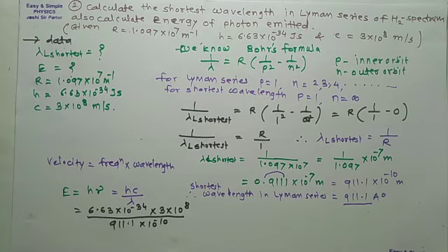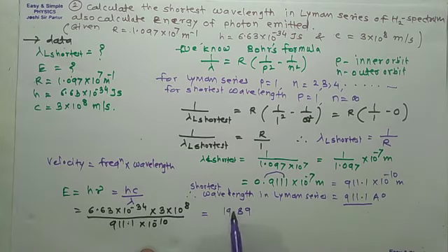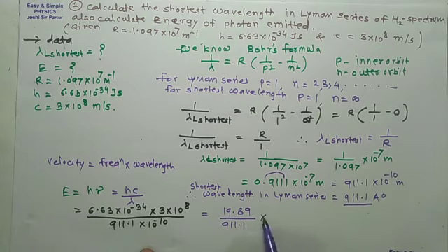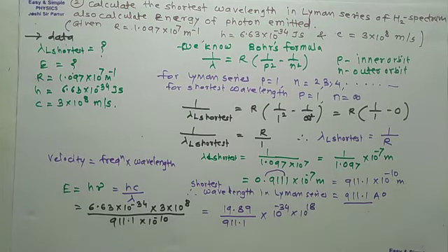So here multiply 3 by 6.63; its multiplication will be 3 3s are 9, 3 6s are 18, 1 is remaining, and 19.89 divided by 911.1 into 10 to the power minus 34 into 10 to the power 18.